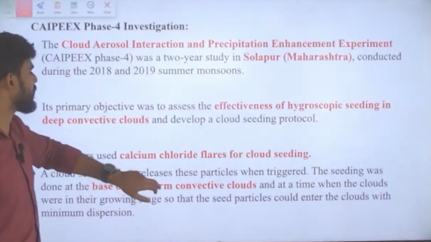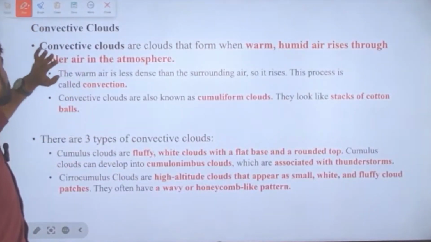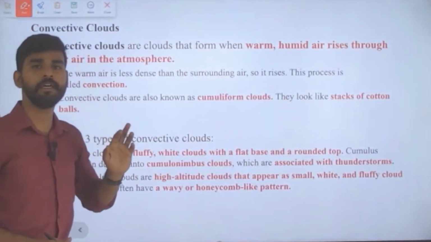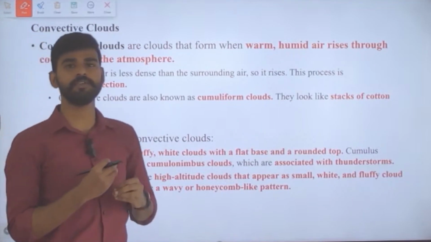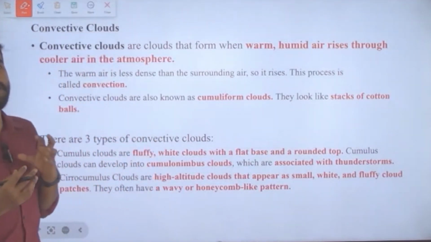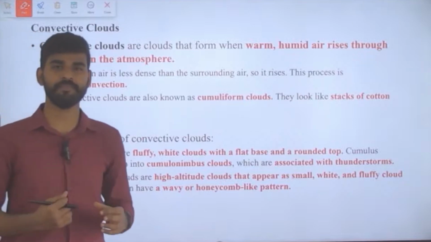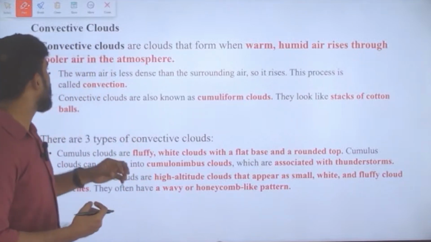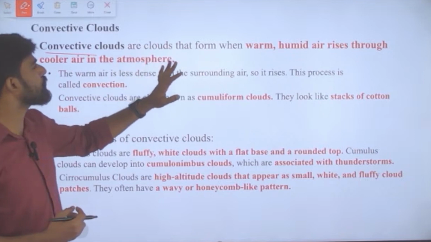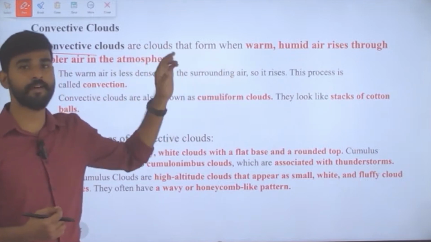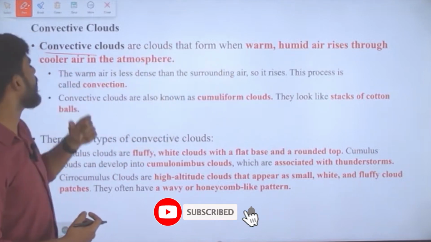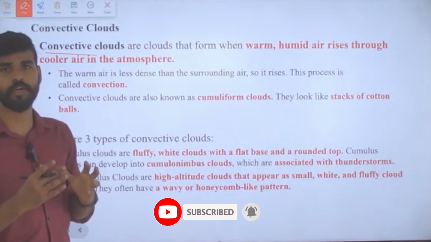This is the experiment. Now let us understand what are convective clouds. In the previous slide we saw that this seeding was done in warm convective clouds. So what are these convective clouds and what are the different types of convective clouds, we need to understand. Convective clouds are clouds that form when warm humid air rises through cooler air in the atmosphere. This is what convection is.